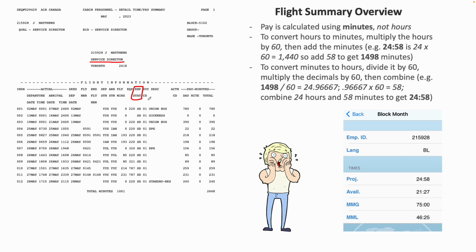And for the most part, you would expect that my status on flights is also service director. You do see in each case within this particular flight summary that I am showing as service director for all of my activity, but it's possible that you can be reclassified for one flight leg or more as a flight attendant instead, for example. And in that case, that would have implications on your pay for those segments, and we'll cover that a little bit later on.